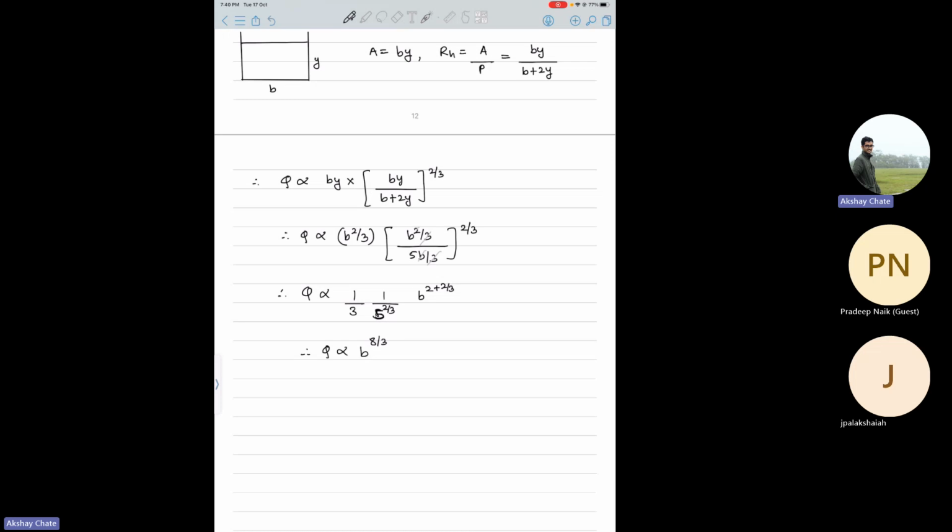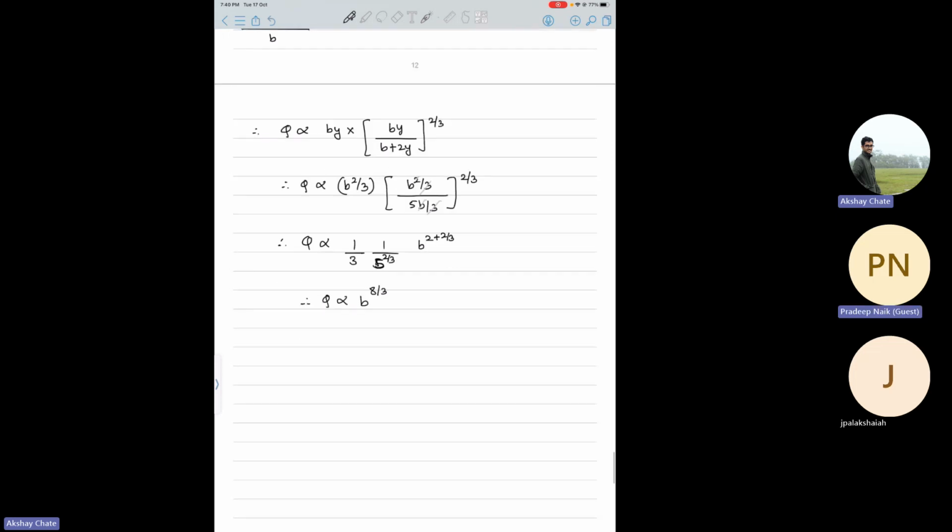So like that. So now let's say if b increases to 2b, Q will increase by the factor of 2 to the power 8 by 3. And yeah, you can calculate this value using a calculator.